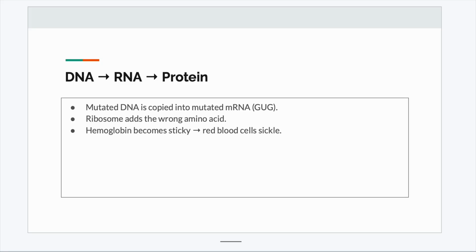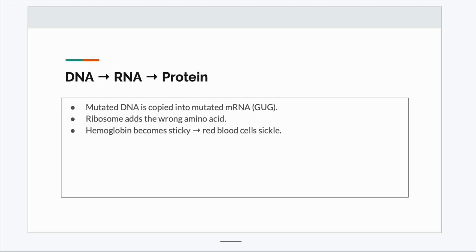DNA, RNA to protein. Here's what happens next. The mutated DNA gets transcribed into mutated mRNA. So instead of the normal GAG codon, the mRNA has a GUG. When the ribosome translates it, it puts valine in the hemoglobin protein.